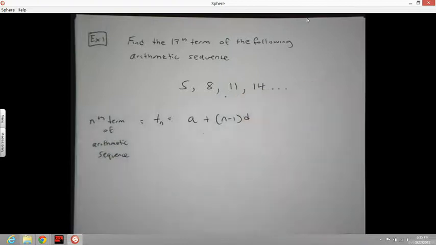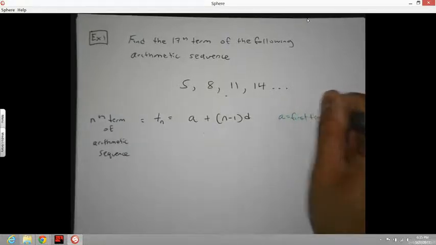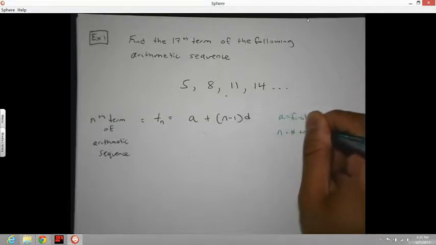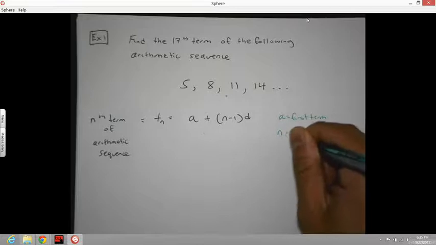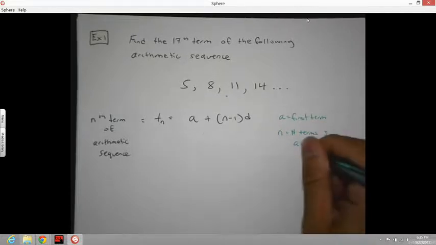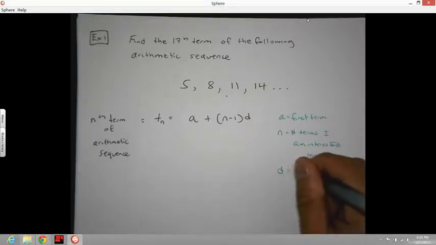For those of you who forgot what each of these terms were, I'll define them for you. a is the first term. n is the number of terms I am interested in. In this case, what do you think n is? Well, I'll let you figure that out. And then d is the common difference.